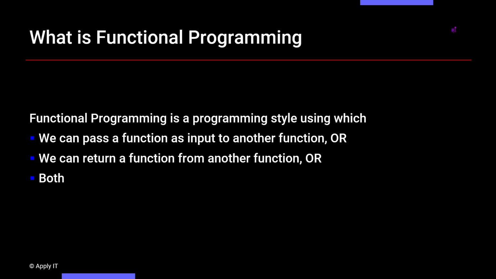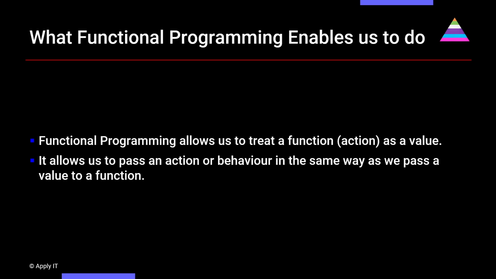So what is functional programming? Functional programming is a programming style using which we can pass a function as input to another function, or we can return a function from another function, or we can do both. So using functional programming, we can treat a function or action as a value.